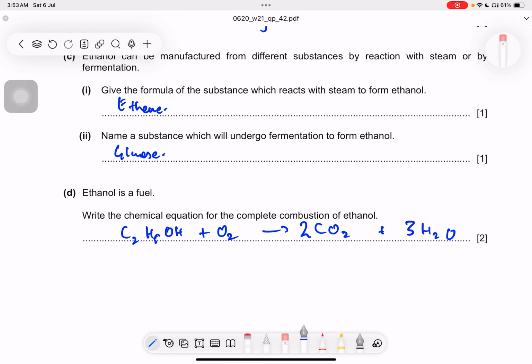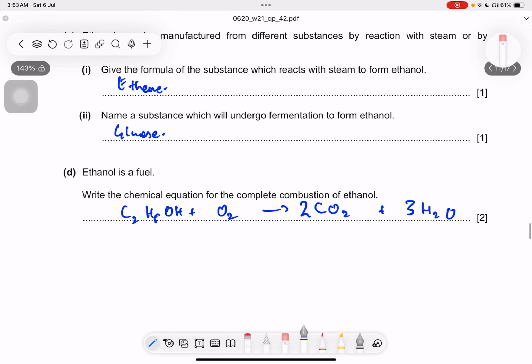Now oxygens on the right side, two twos are four, four plus three, seven. So here also there should be seven. So there should be a total of seven oxygens. We have already one over here, so we should have six more.